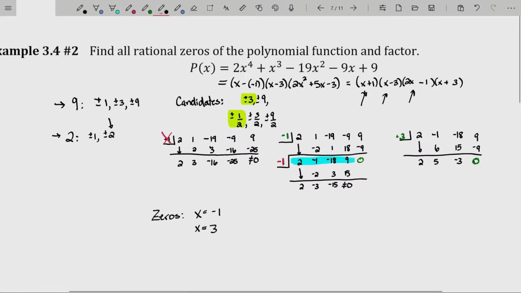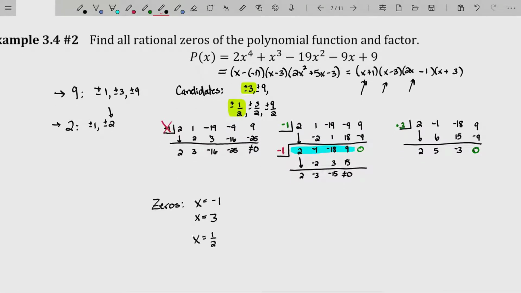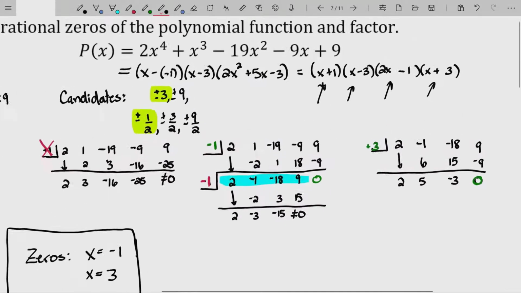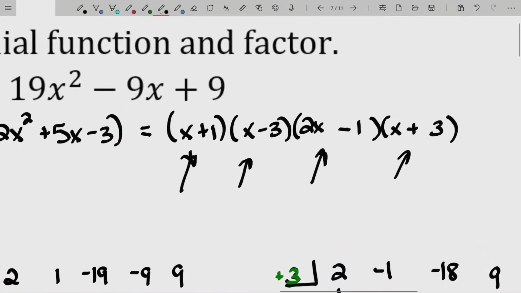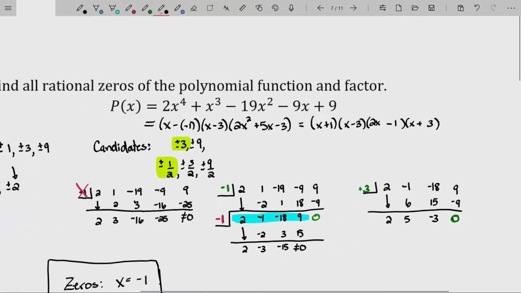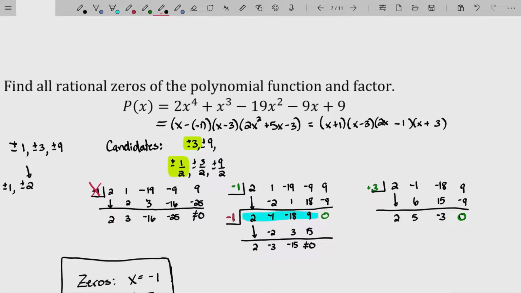What turns that into 0 is 1/2. And finally, what turns that into 0 is a negative 3. Those are our zeros. They're all multiplicity 1, and our factorization is just right up here. And that is using the rational roots theorem. Now, notice I didn't have to do a ton of work. I just listed out some candidates and tried them, and it worked out well.